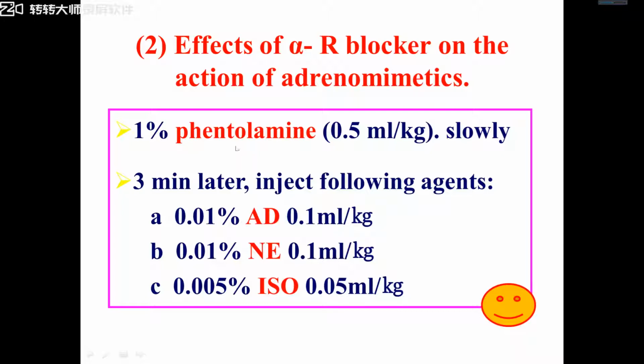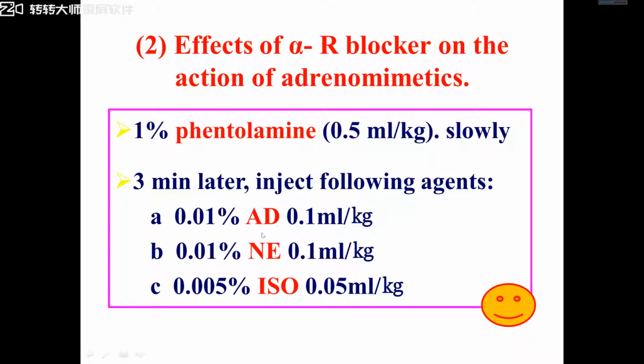Because phentolamine in blood circulation needs 3 minutes to block the alpha receptor. So 3 minutes later, the alpha receptor is blocked, and then we inject the following agents.